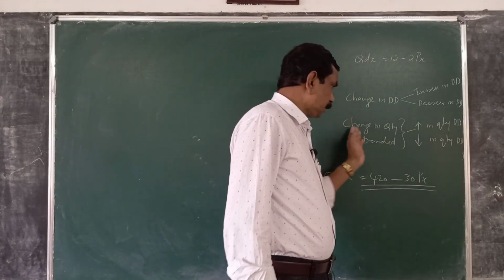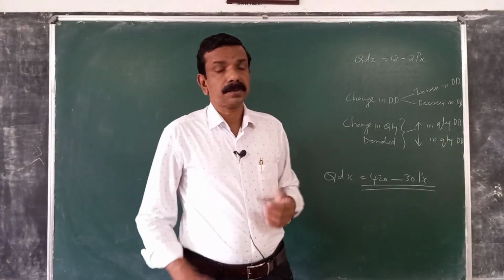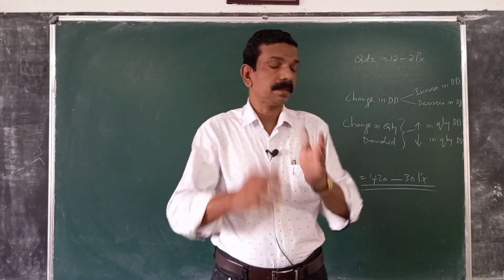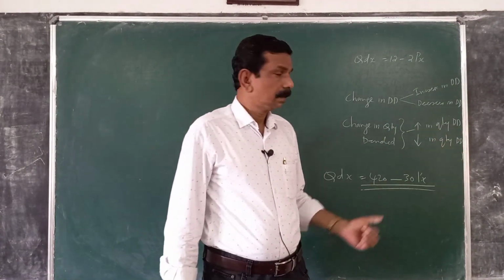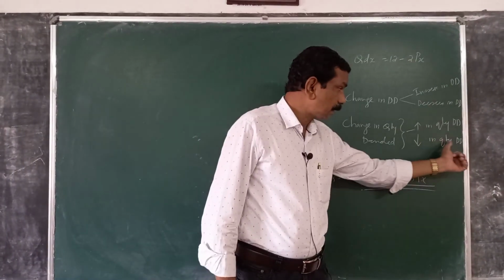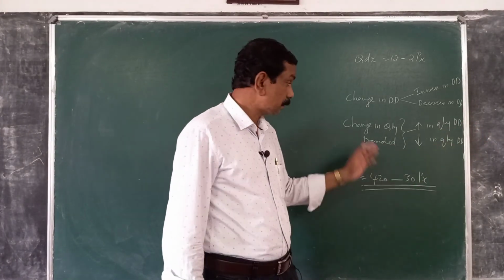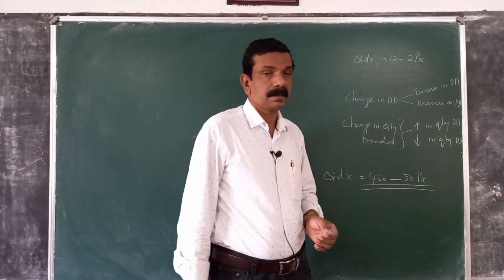So a movement along the demand curve is due to a change in price. If price increases, quantity demanded decreases. If price decreases, quantity demanded increases. This is known as change in quantity demanded.